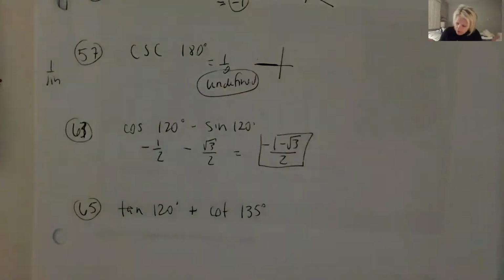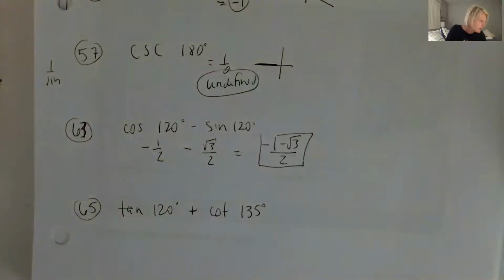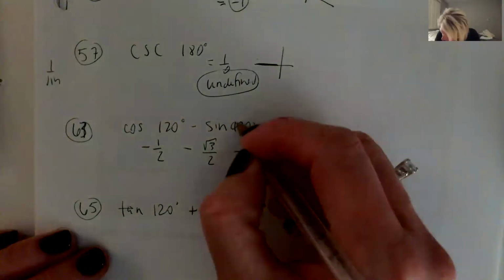I think I may have written it down incorrectly. Cosine of 120 minus sine of 210. Yes, I was going to say, I don't think that was right.